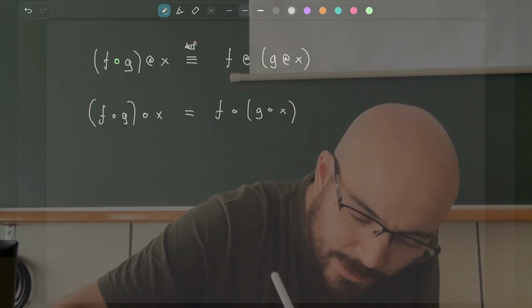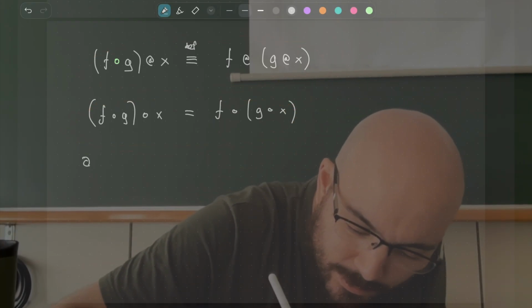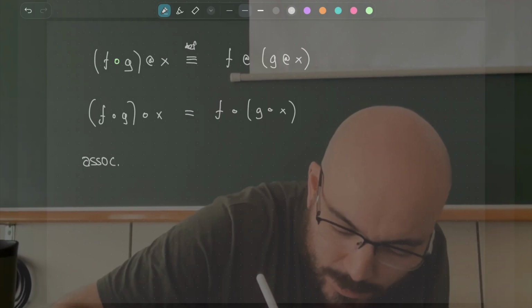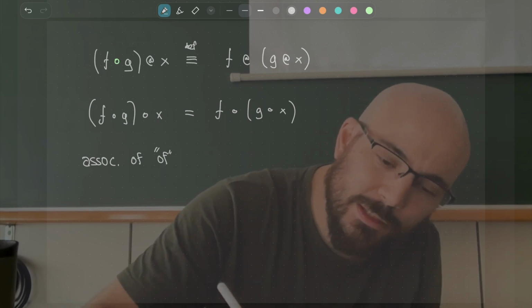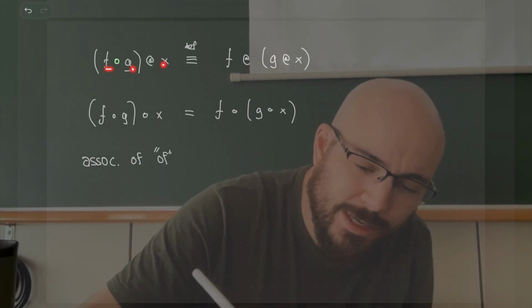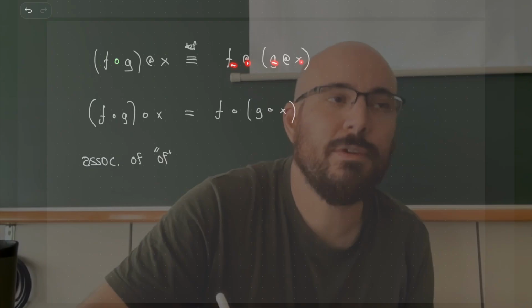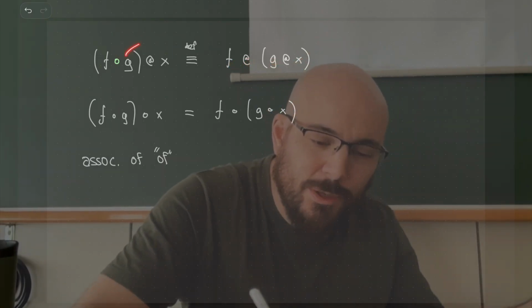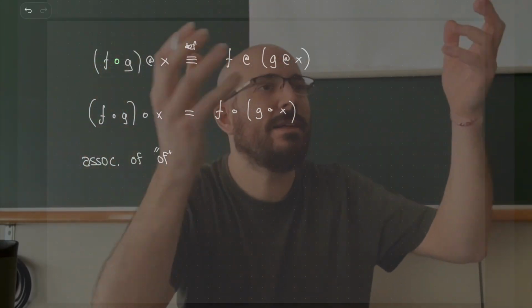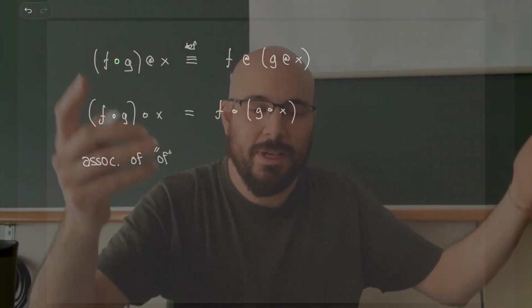This is essentially associativity of what? Of "of". It doesn't make a difference if you say f of g of x or if you say f of g of x. And I'm taking advantage of the fact that I pronounce them as "of", as to indicate that this thing is not as far as we may think.